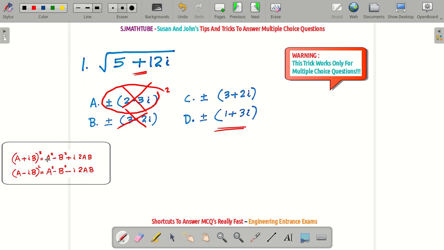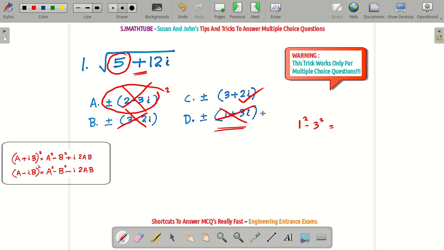The real part is always a square minus b square. That means 1 square minus 3 square, and that is 1 minus 9. No, not that. We need 5. So that's it. The answer is plus or minus (3 plus 2i).